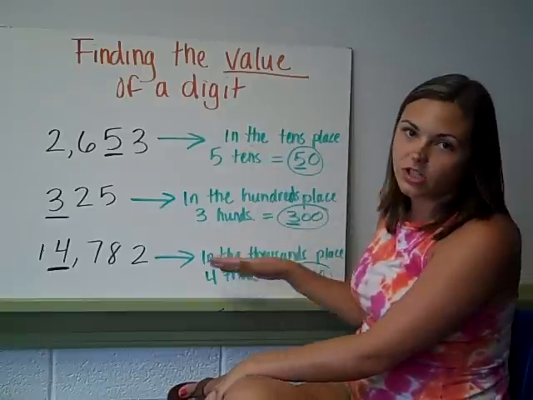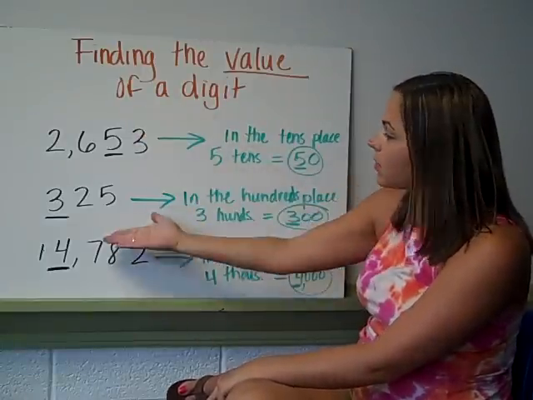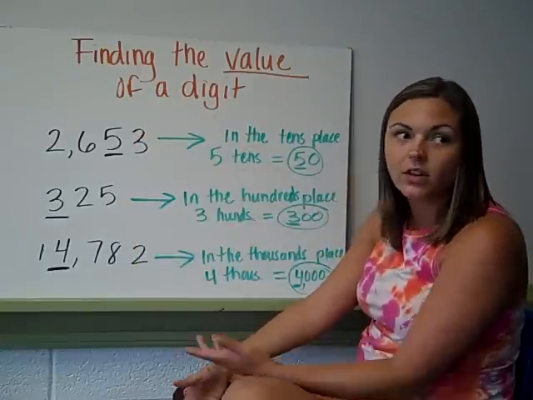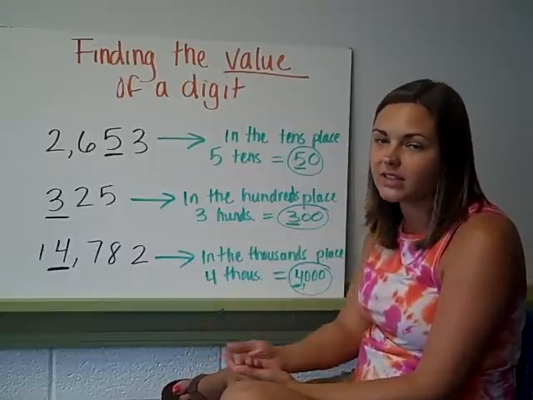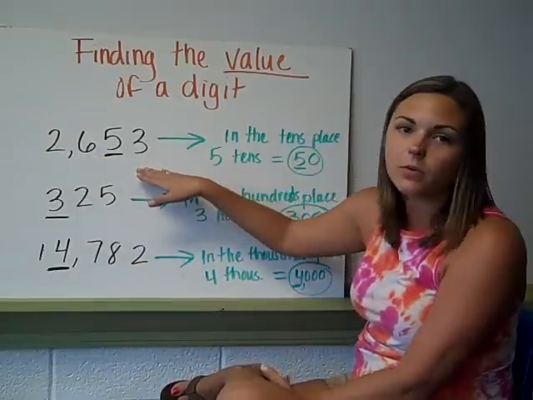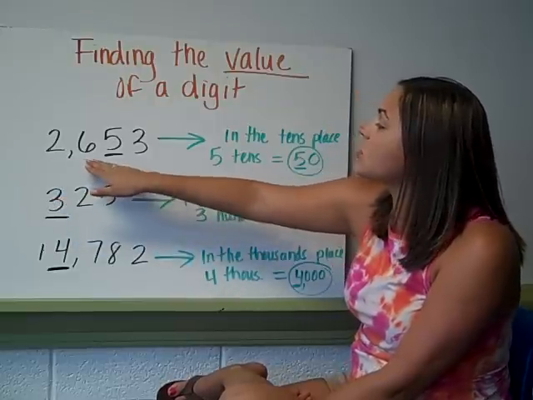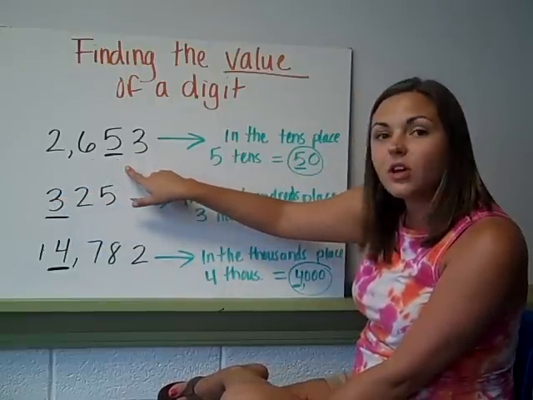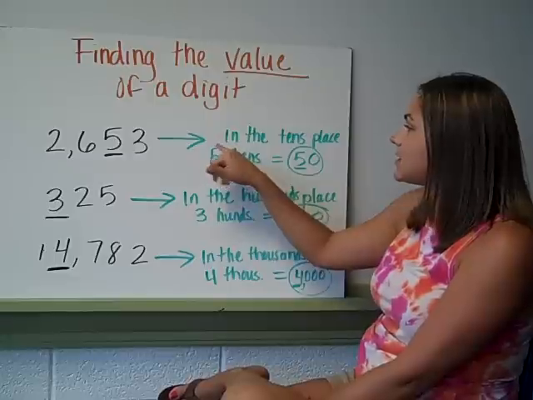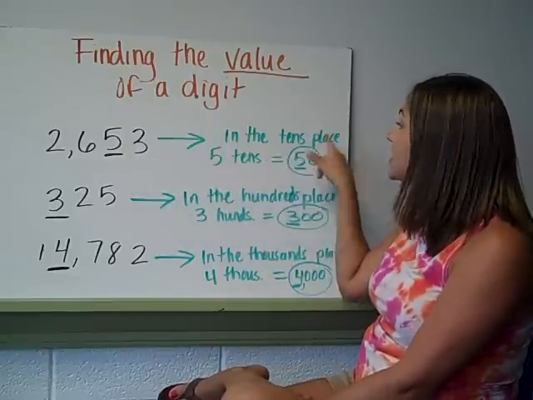Finding the value of a digit, you'll be asked to look at some numbers with a digit that's underlined, and they'll ask you to find the value of that digit. In this number, 2,653, the 5 is underlined. What place is the 5 in? It's in the tens place.